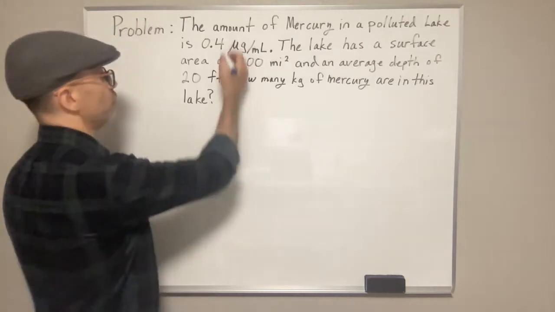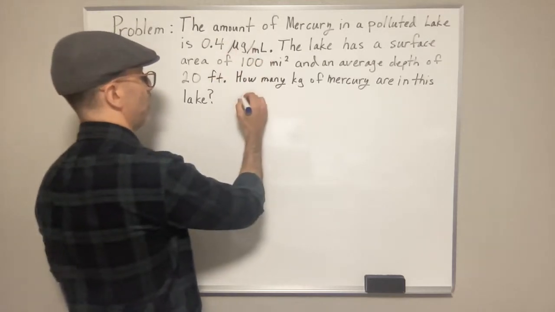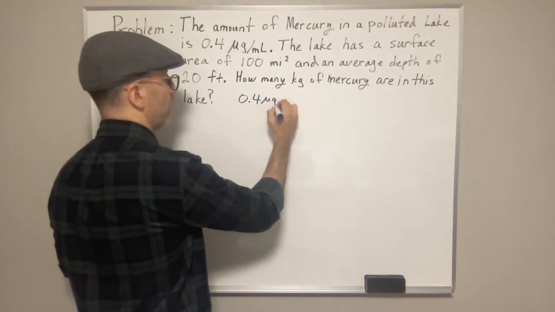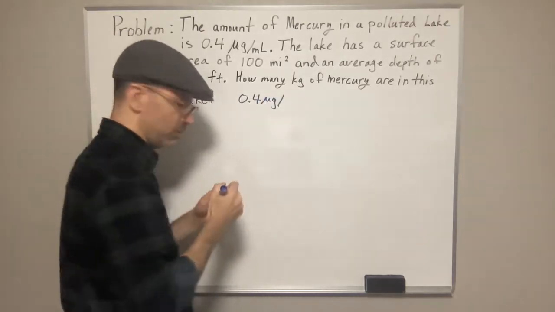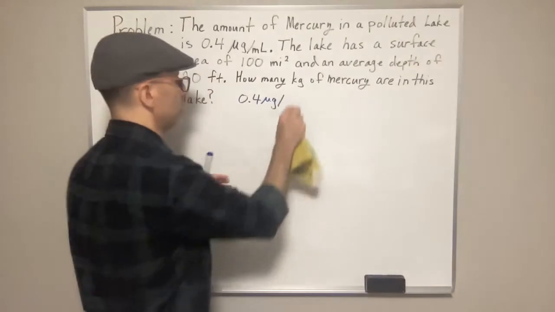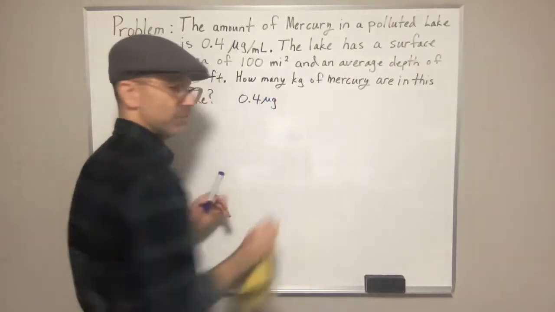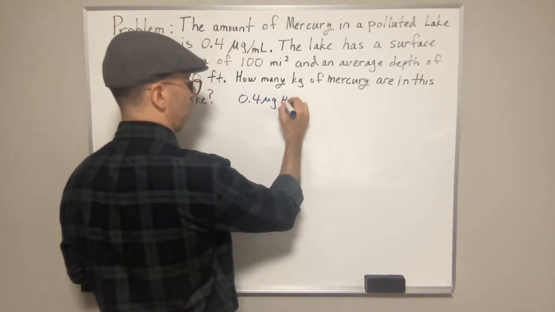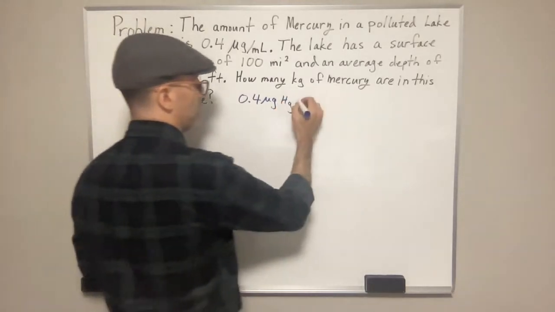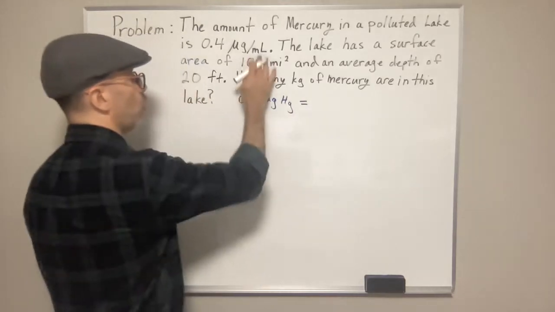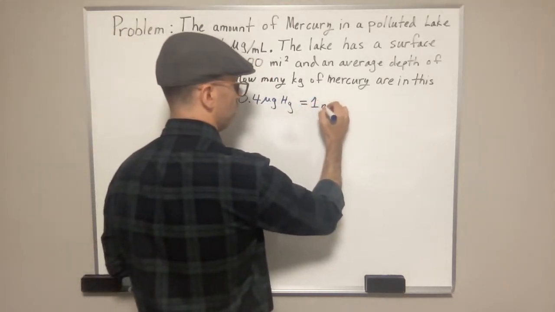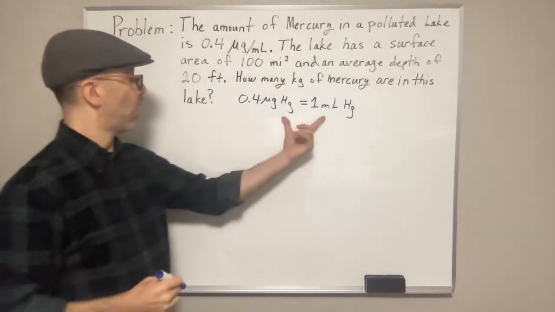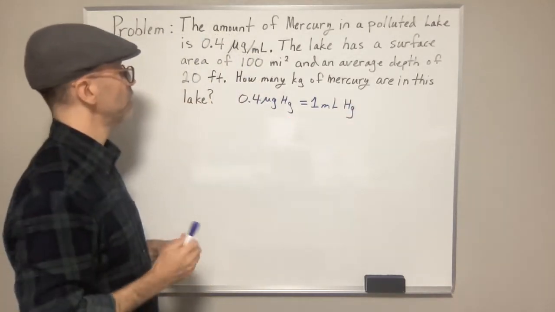The first conversion factor is the concentration: 0.4 micrograms of mercury, and I'm going to use Hg for mercury, is equal to 1 milliliter. That's our first equality that we're going to use as a conversion factor.